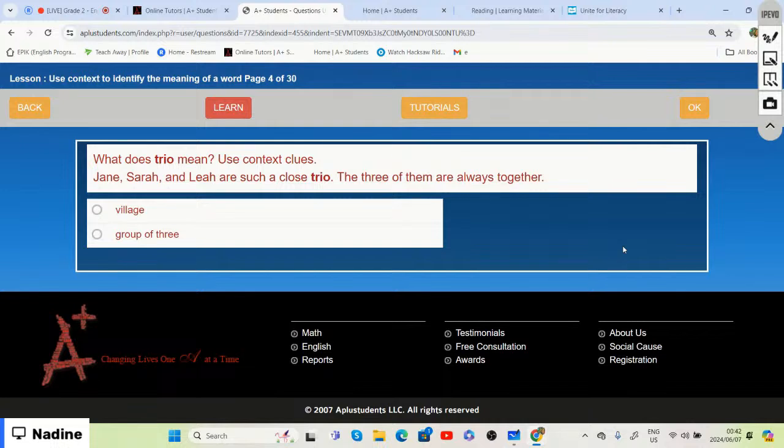So a trio, is it a village or is it just a group of three? Jane, Sarah, and Leah are a trio.